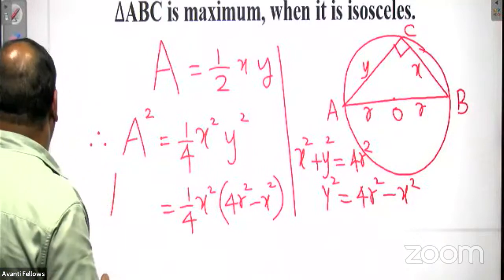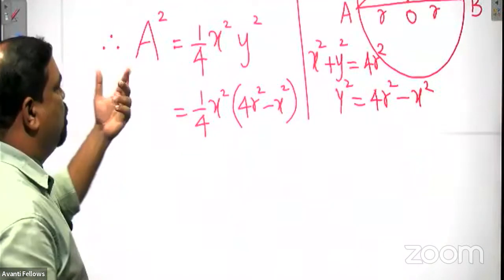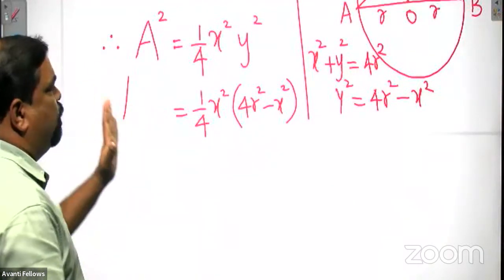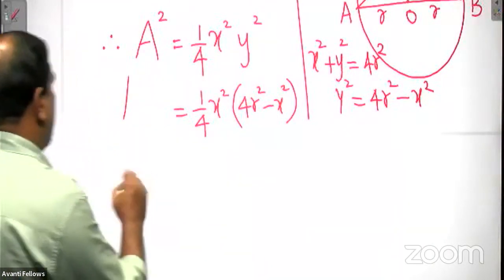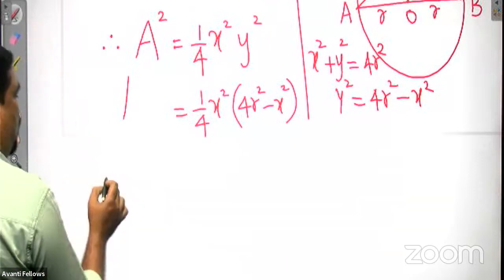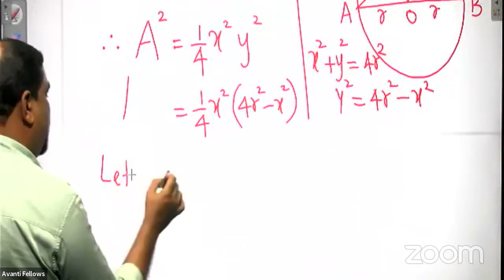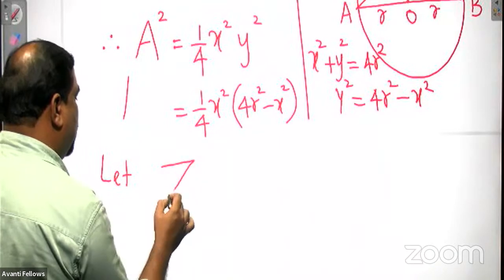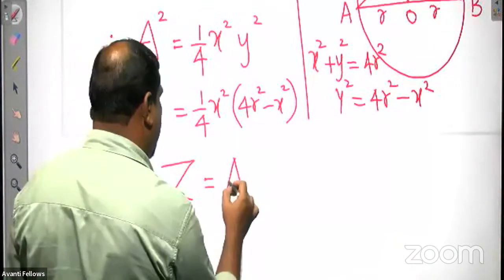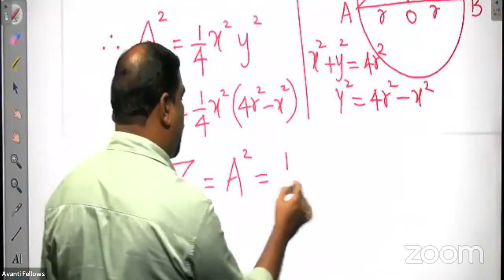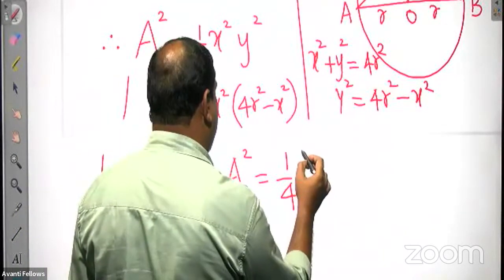So now this is my function, that is S square. S square is equal to 1 by 4 X square into 4R square minus X square. For the time being, we will put a new name for that. In place of S square, I will put Z. Let Z is equal to S square, and that's equal to 1 by 4 into X square times the bracket.